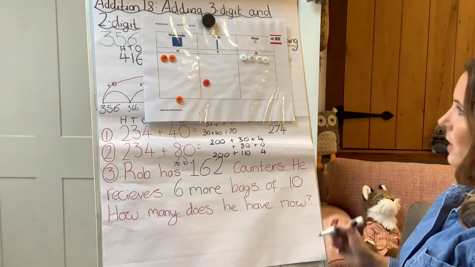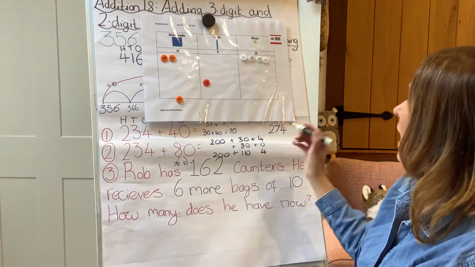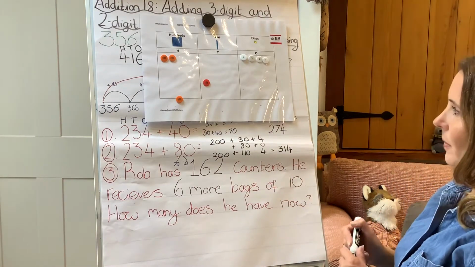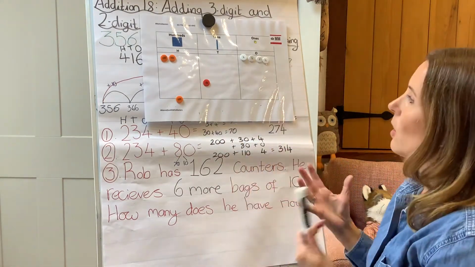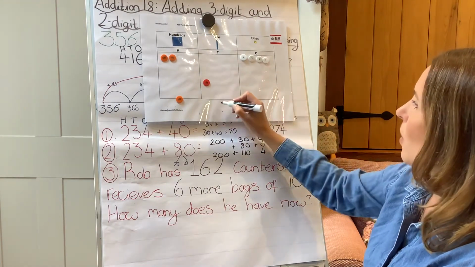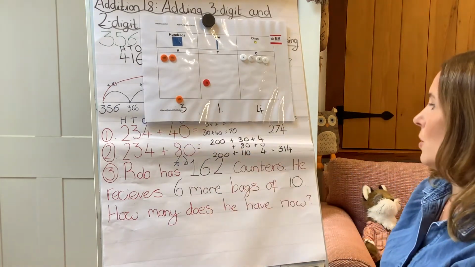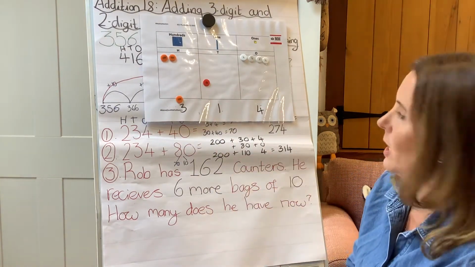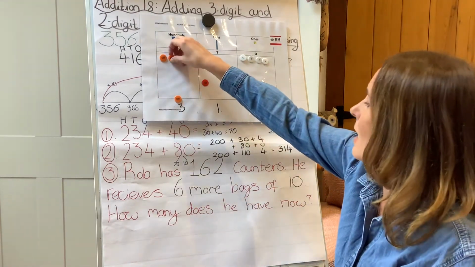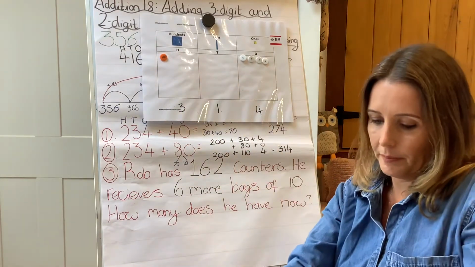So when I add those together, it gives me 310 and 4, so it makes 314. Okay. Now, if we wanted to do that as a column addition, we could think we've got 4 ones, we've got 1 10, and we've got 1 2 3 hundreds. So we get our 314 as well. Okay, this one, Rob has 162 counters in a bag.